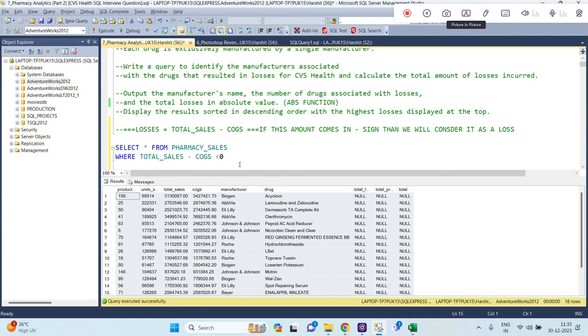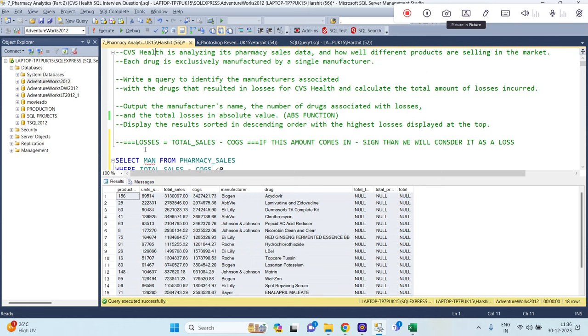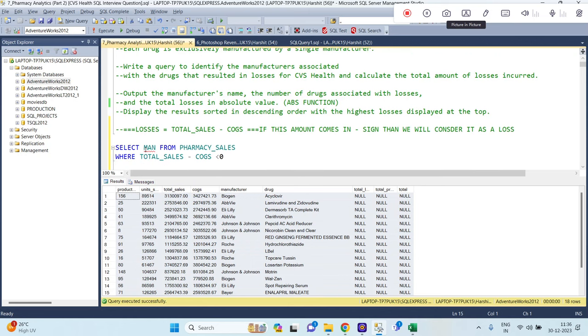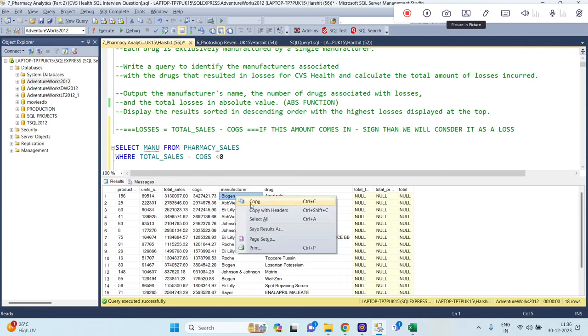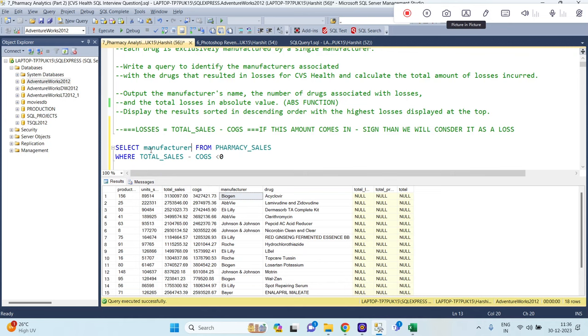Now what is our requirement? We have to display the manufacturer, right? Manufacturer, let me take this column. Then what is our second requirement?